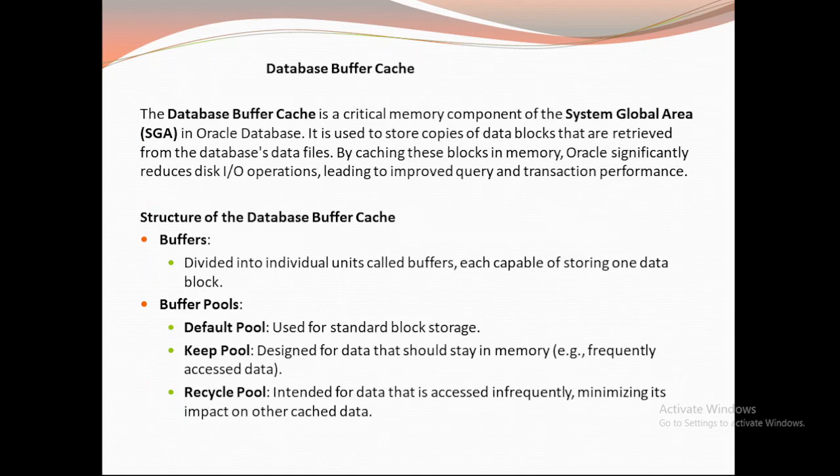The database buffer cache is a critical memory component of the System Global Area in Oracle Database. It is used to store copies of data blocks that are retrieved from the database's data files. By caching these blocks in memory, Oracle significantly reduces disk I/O, leading to improved query and transaction performance.